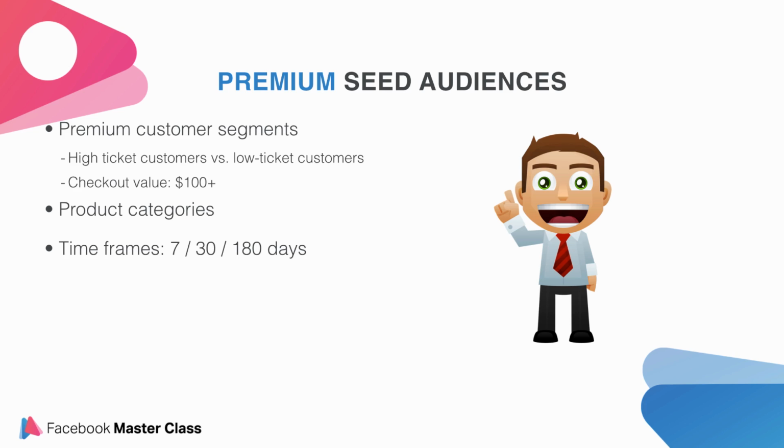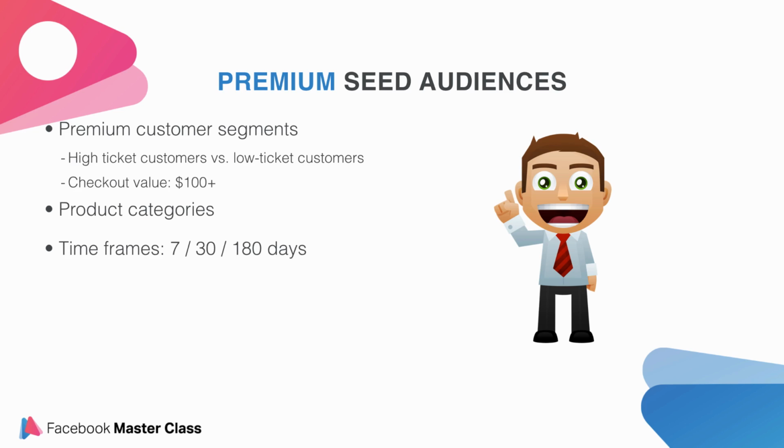Test different time frames. If you have a list of buyers, split it up into 3 different seed audiences. People who purchased a product within the last 7 days, 30 days, and 180 days. Of course, the third seed audience, with all buyers that purchased a product within the last 180 days, is the biggest audience, but maybe the last 30 days seed audience is more recent and will result in a higher quality seed audience and therefore a higher quality lookalike audience.